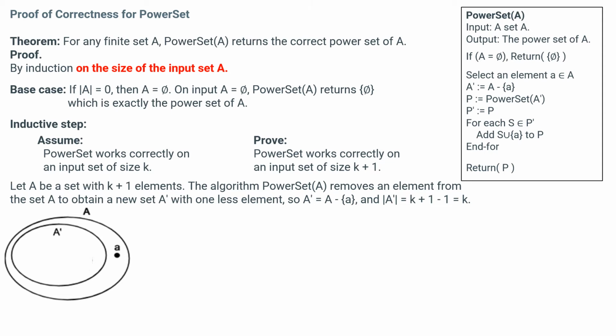Now let's get some terminology down before we get going on this proof. Let's say that A is our set with k plus 1 elements, because that's what we're trying to prove, that this works for size k plus 1. Then what would happen is the algorithm would remove an element from the set and get a new set, because that's the first thing that's done over here in the algorithm.